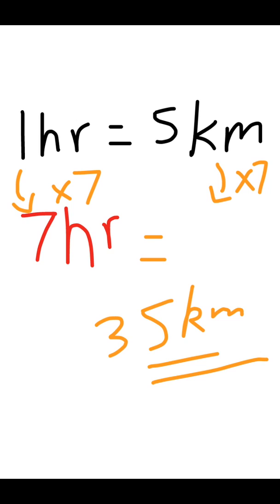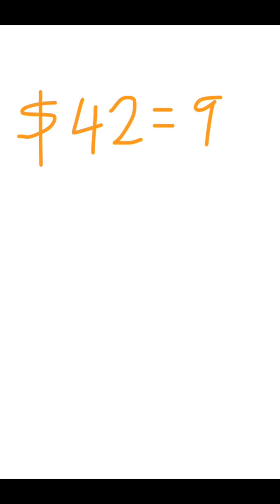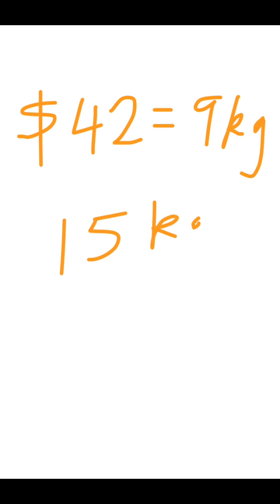Alright, let's look at another example. Let's say I'm given information where it cost me $42 when I purchased 9 kilograms of a certain product. I would like to know how much it will cost me for 15 kilograms.